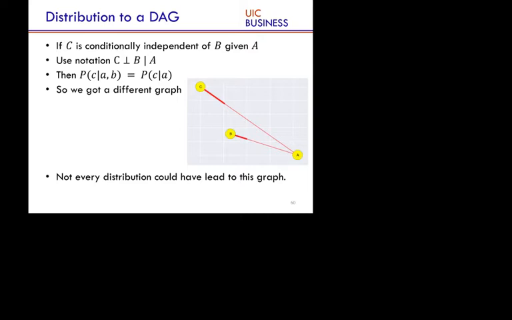So we just went from a distribution to a graph. We made a rule that if I have a distribution, I'll arbitrarily split it out into a factorization, and if I have some conditional independence properties, then I'm going to delete those edges. That's a very ad hoc way, but still we went from a distribution to a directed acyclic graph, right?